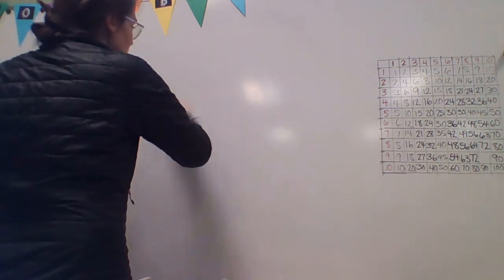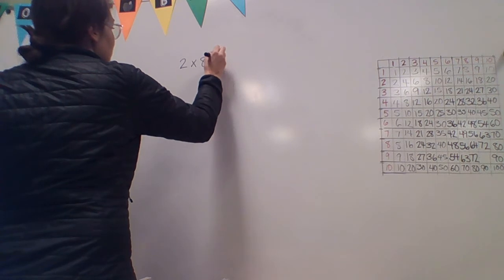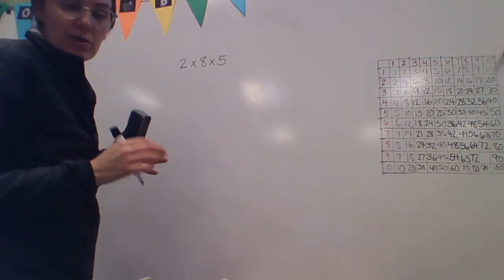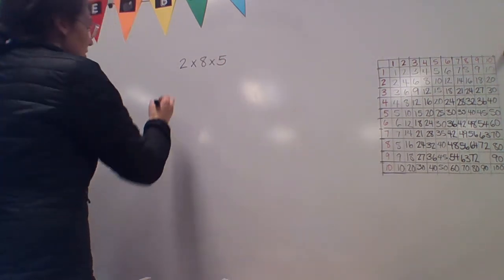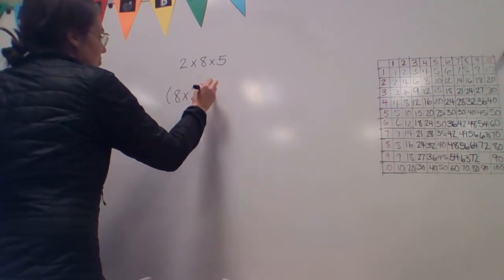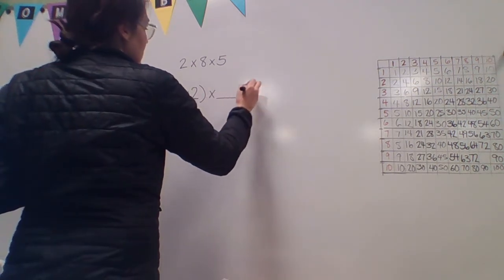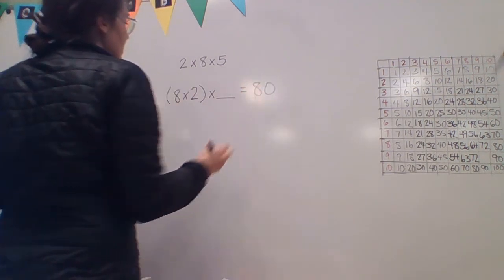The first one they show, we have 2 times 8 times 5 is our original problem. The first one shows 8 times 2 times blank equals 80.